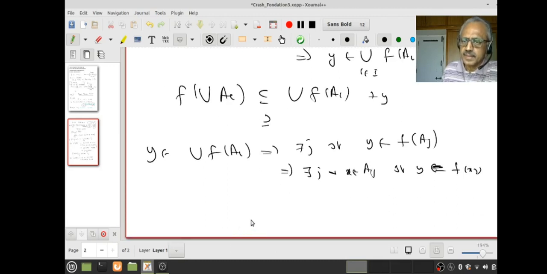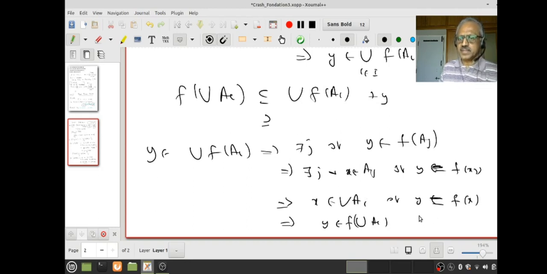Is that clear? Therefore, x belongs to union A_i, because x belongs to A_j and A_j is a subset of union A_i. So y equals f of x, where x is in the union. This means y belongs to f of union A_i.